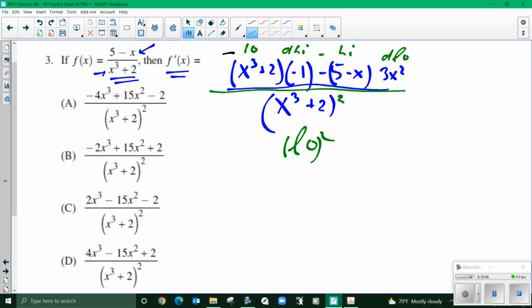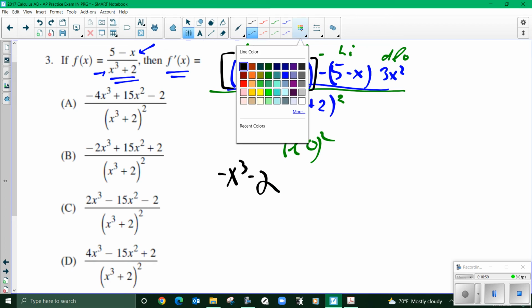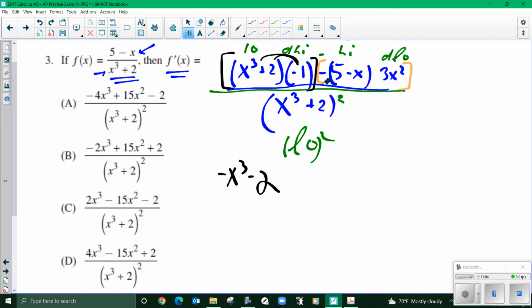All right, so for this part here, I'm going to distribute my negative 1. So I've got negative x cubed minus 2. For the back side, I'll go orange. For this part, not only am I going to have to distribute the negative sign, but then I'm going to have to multiply it by 3x squared. So it's negative 5 times 3x squared, which is negative 15x squared. We negate my negative x, it becomes positive x times 3.